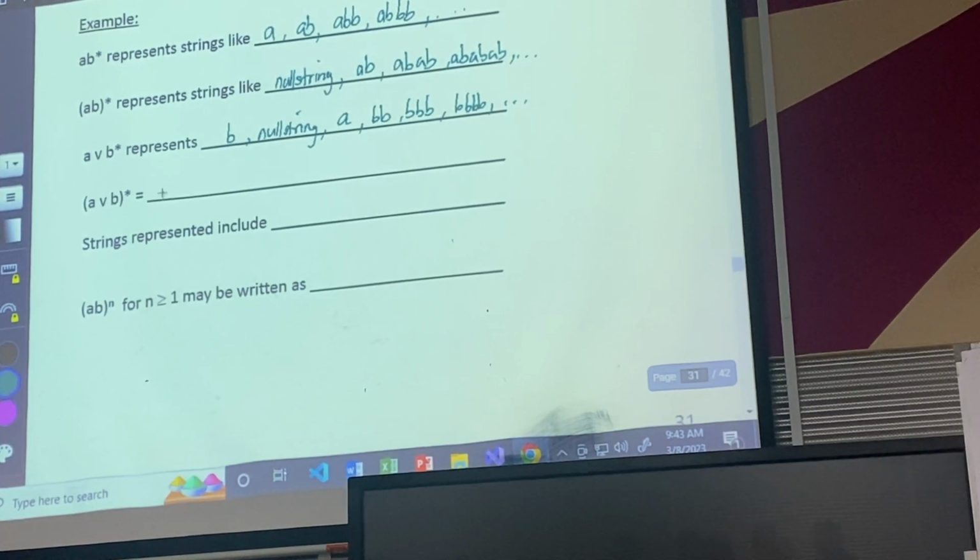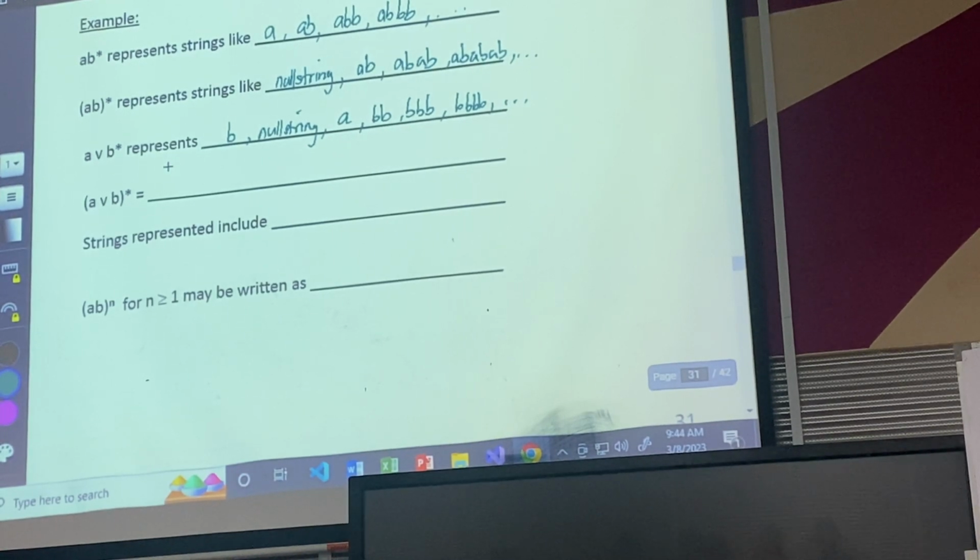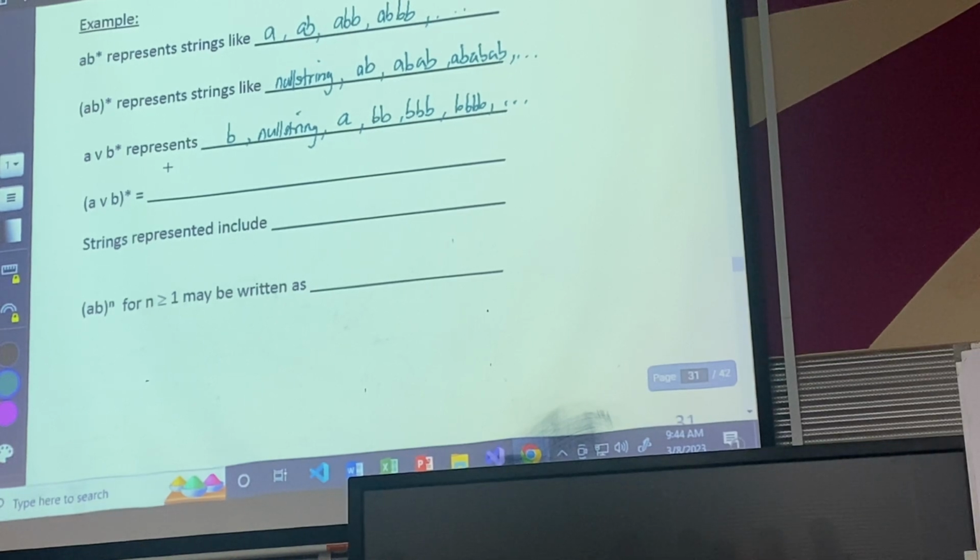And this one, (A or B) asterisk, means what? It means that you can repeat the A or B, A or B, A or B, right? Then what is the string in the final answer? Can I have a null string? That is the final answer.